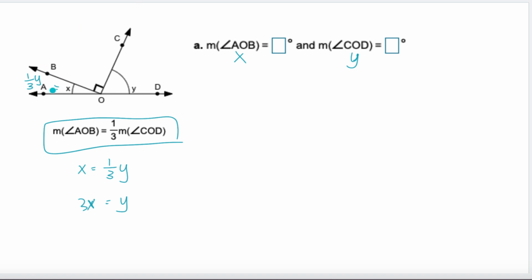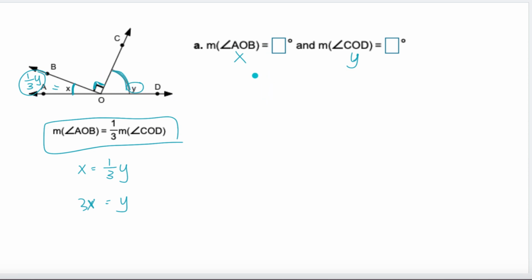Let's just keep it. 1/3 of y is this, and that's y degrees here. And this is a 90-degree angle. We also know this is a straight line, so a straight angle. When you add this angle plus that angle plus that angle, it's a straight angle.